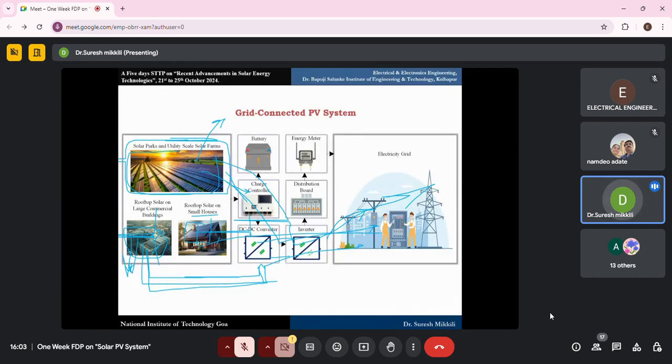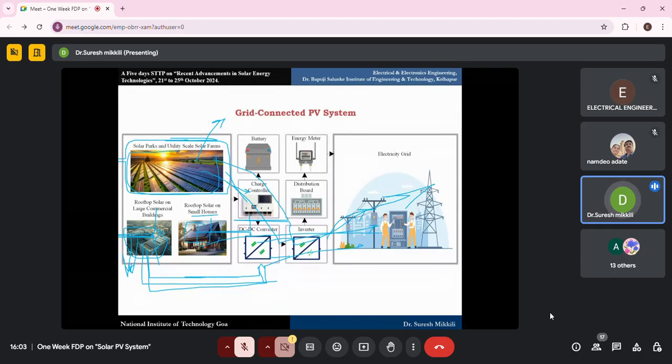So here one thing: when you are designing a converter for rooftop small houses, the converter required is small in size. Why? When you design a converter, you have to know the output voltage, output current, output power, as well as the ripple in the current and ripple in the voltage.